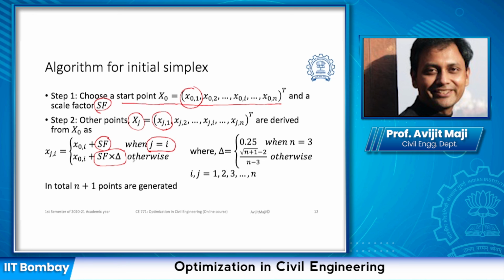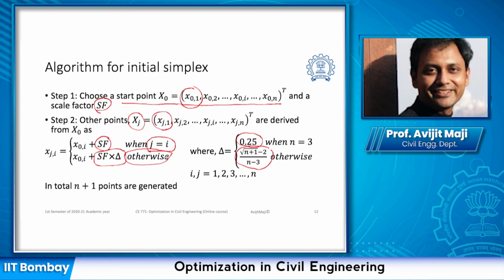In all other cases, we multiply the scale factor with a delta value, and this delta value is obtained as follows: if the number of variables is equal to 3, we consider it as 0.25. In all other cases, we use this formula to calculate the delta value and then use it.